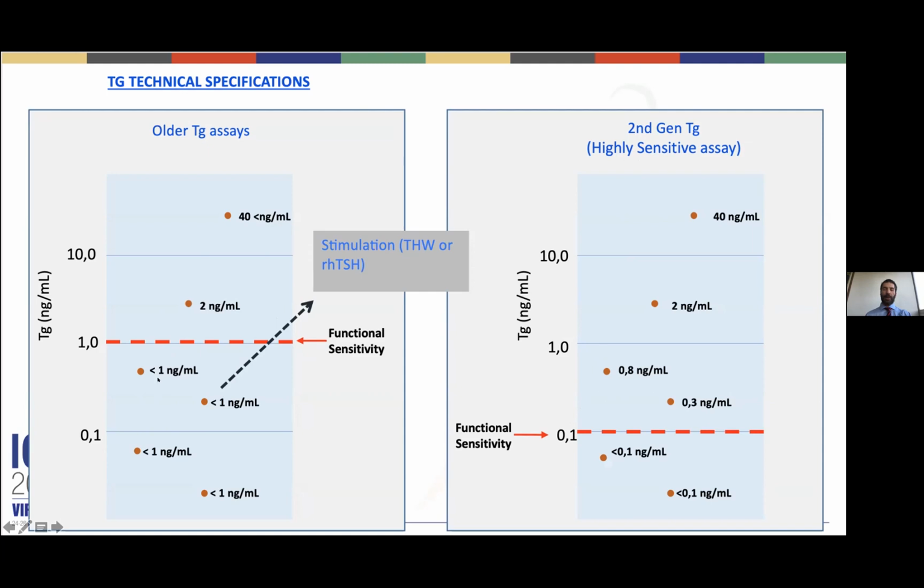So, in contrast to the older assay, we can identify patients who have this low level of thyroglobulin, making stimulation not useful. This second generation or highly sensitive thyroglobulin assay has a cost that is very similar to the older thyroglobulin assay, and also each year it is becoming available in more and more public and private centers.